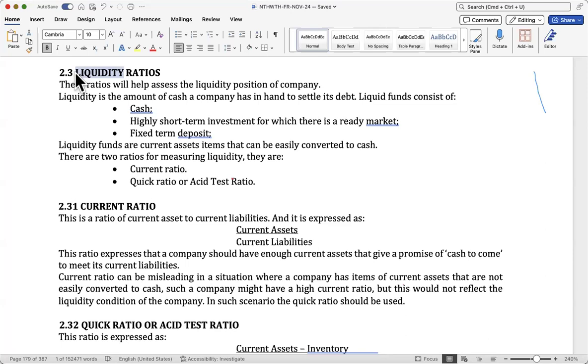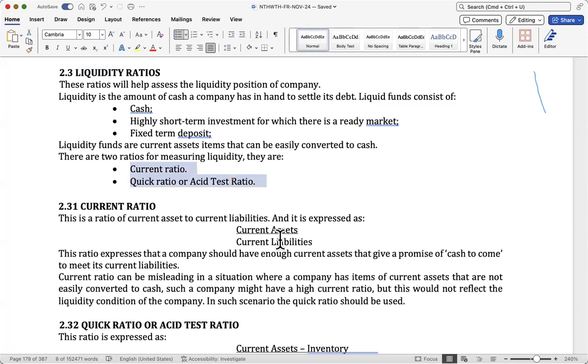When we ask how liquid a company is, the ratio looks not just at its bank and cash balances, but also at other assets it can quickly convert to cash. Those are liquid assets. There are two liquidity ratios: the current ratio and the quick ratio, also called the acid test ratio.